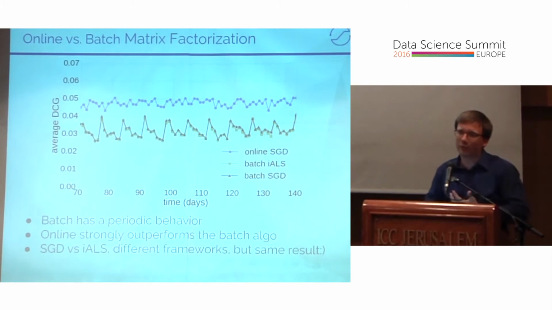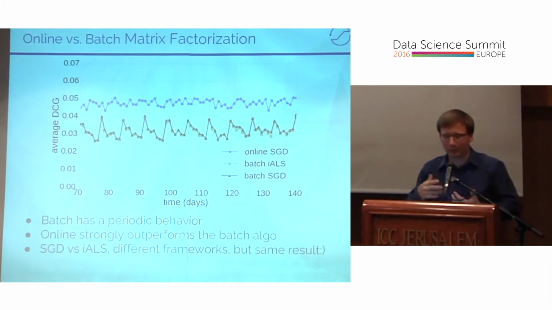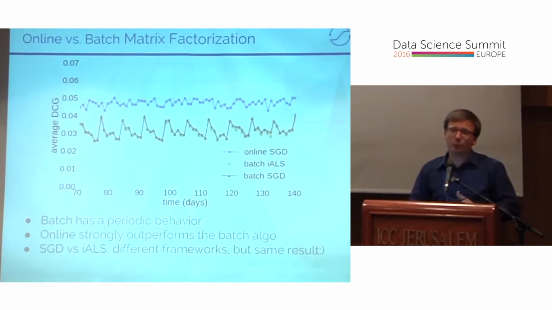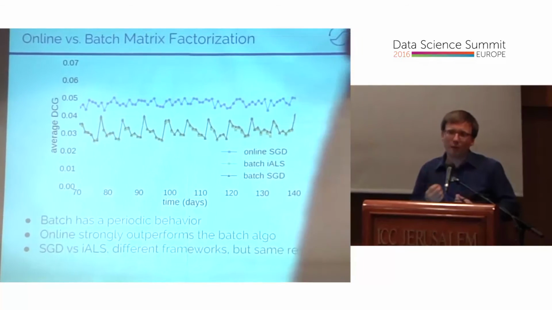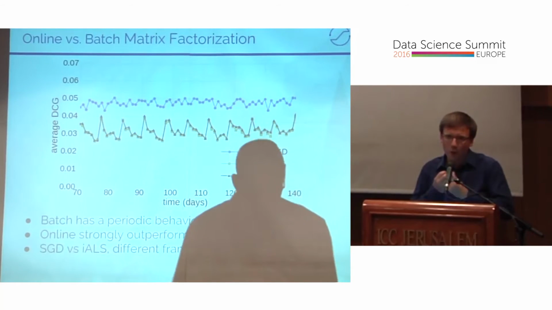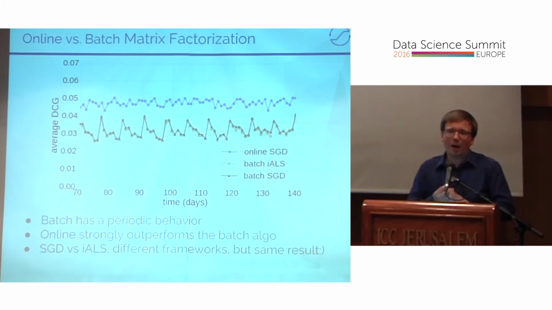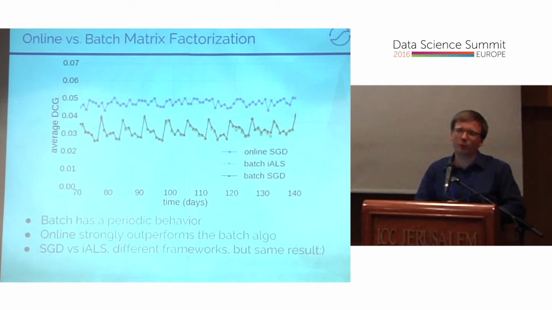As I've told you, you can evaluate these recommender models in a temporal setting with DCG, and you can compute their average daily performance. So you see here the daily performance as a function of time for different recommender systems, and higher is better. You can observe that the simple online method that just iterated once, a very simple one, highly outperforms a much more sophisticated batch method that relearned the model weekly.